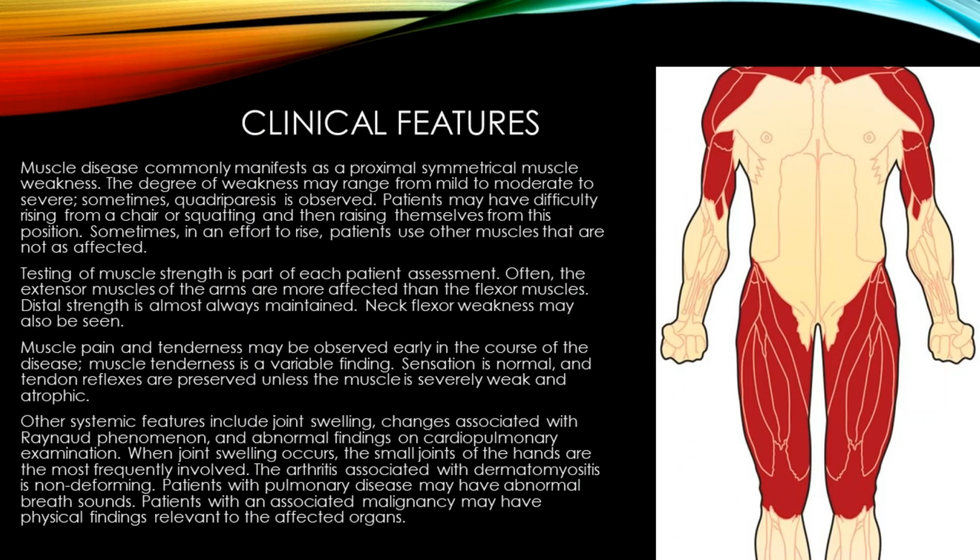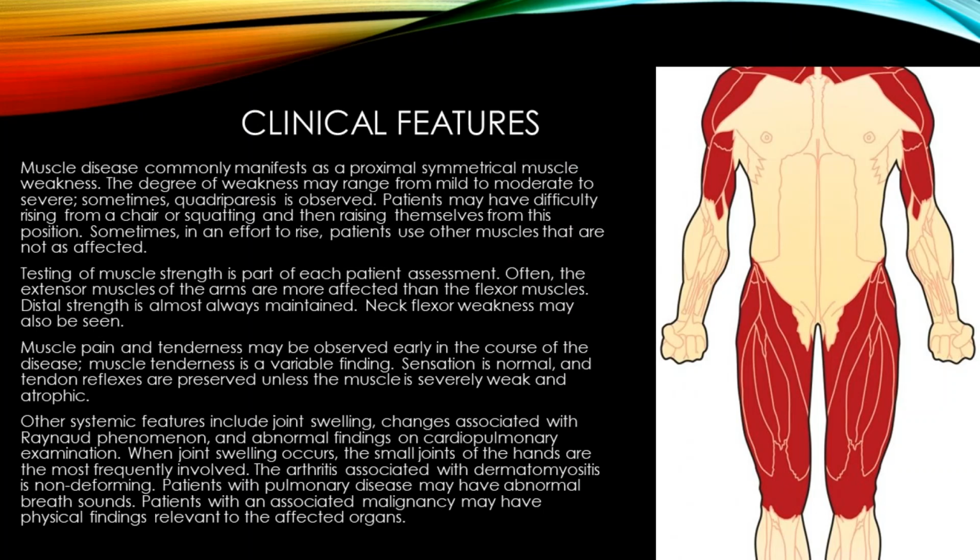Other systemic features include joint swelling, changes associated with Raynaud phenomenon, and abnormal findings on cardiopulmonary examination. When joint swelling occurs, the small joints of the hands are the most frequently involved. The arthritis associated with dermatomyositis is non-deforming. Patients with pulmonary disease may have abnormal breath sounds.